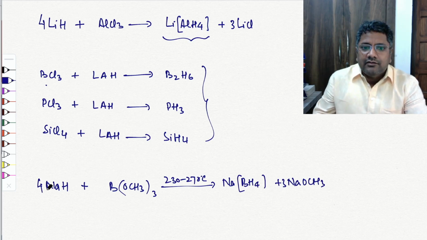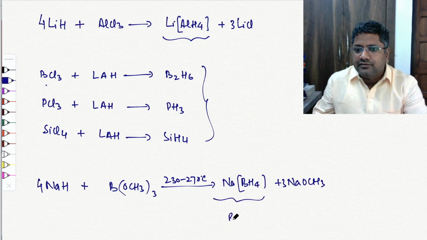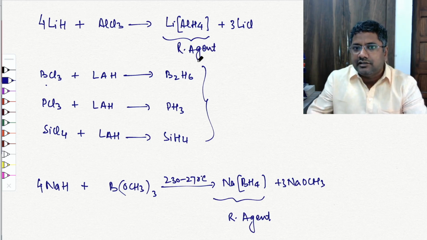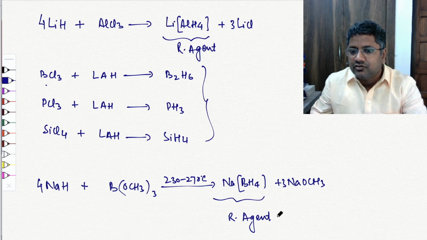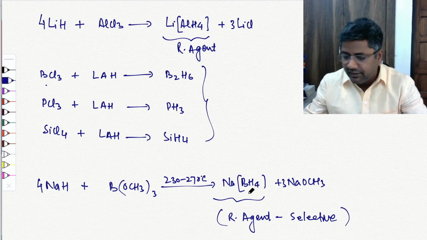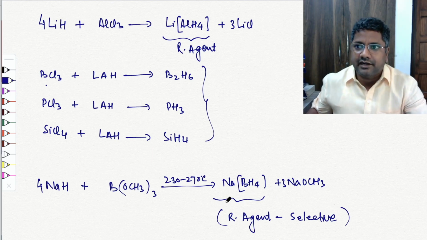So this is also a good reducing agent, and this is also a reducing agent. This is a better reducing agent and this is mild. So this is selective. Right? So sodium borohydride is a selective reducing agent compared to lithium aluminum hydride, right?